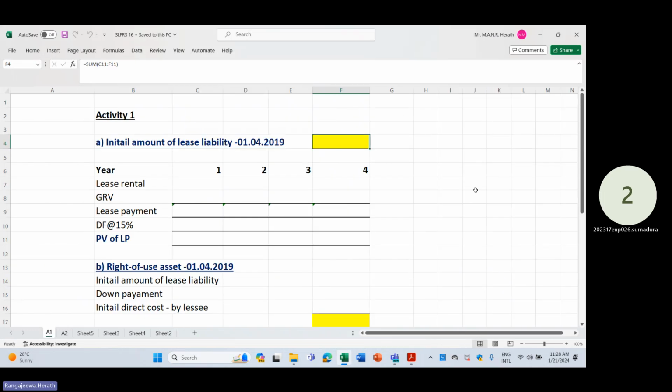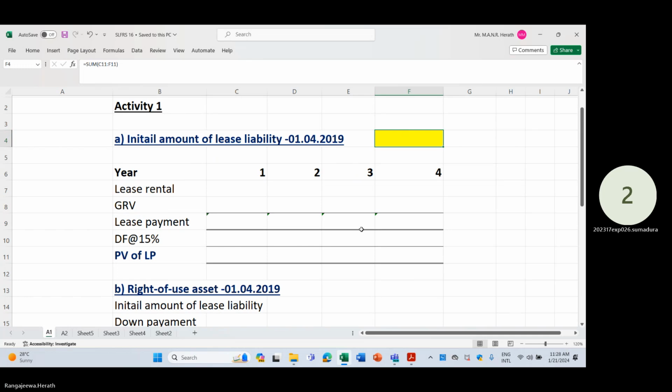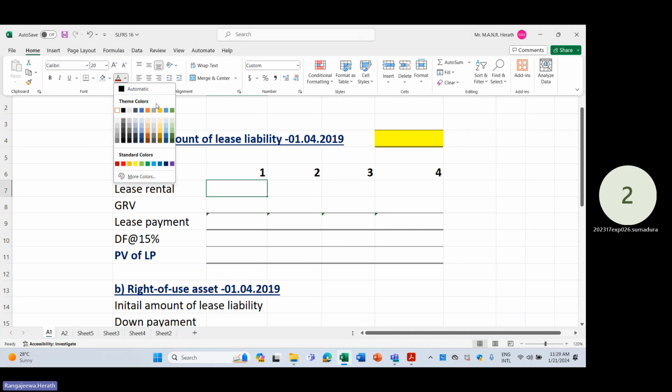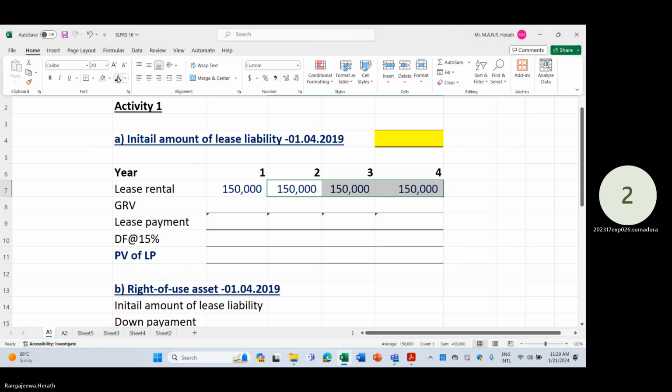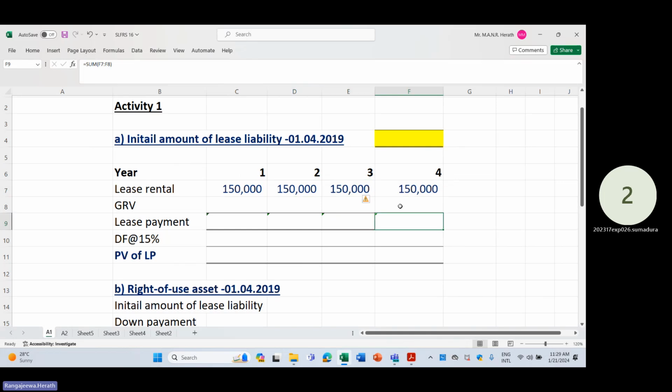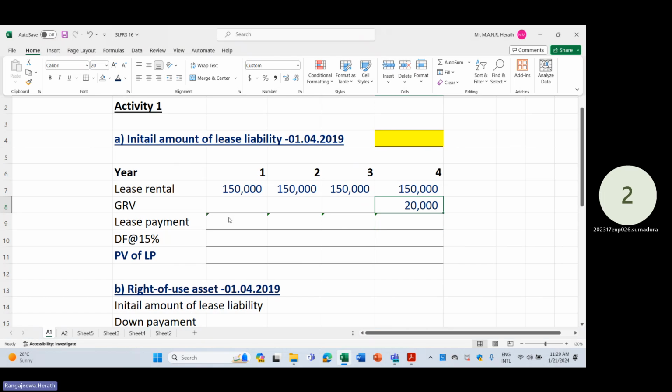So then, first we can take the initial measurement of the lease liability. Now, lease rentals, 4 lease rentals, $150 each, and the guaranteed residual value applicable for year 4, 20,000.